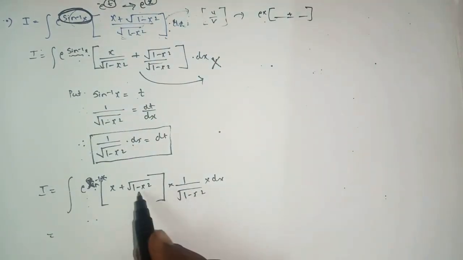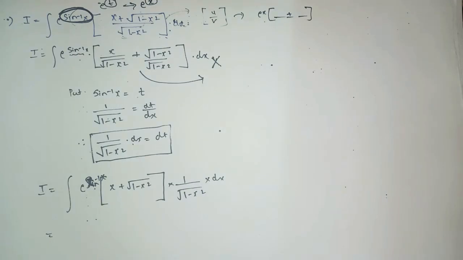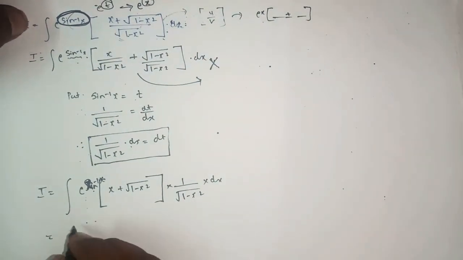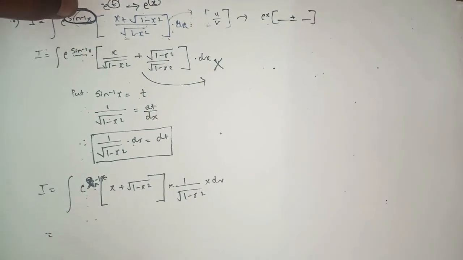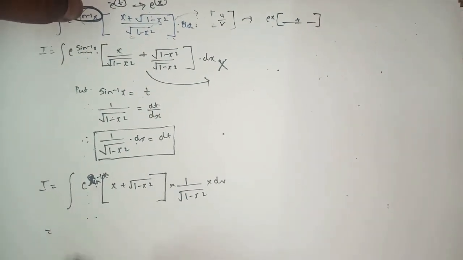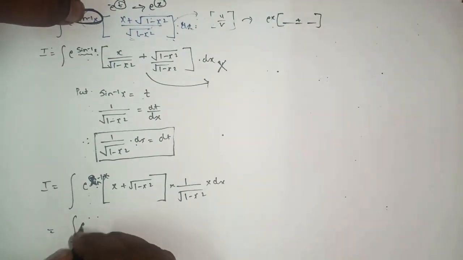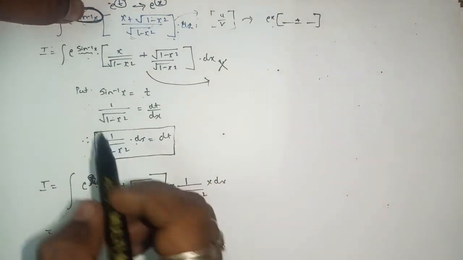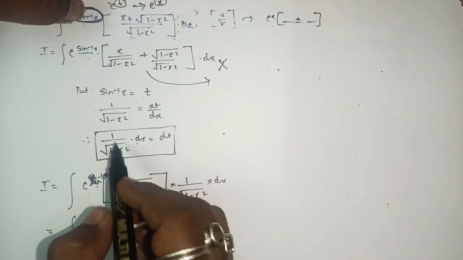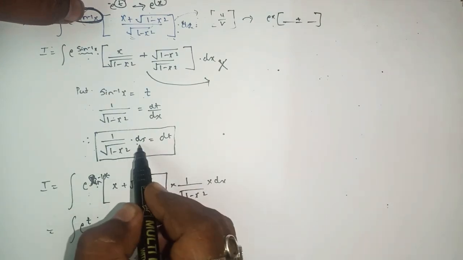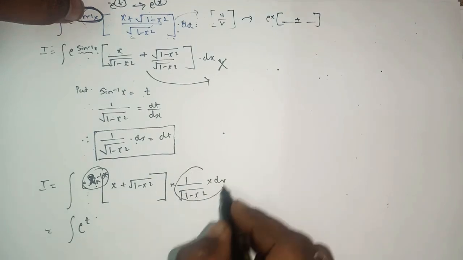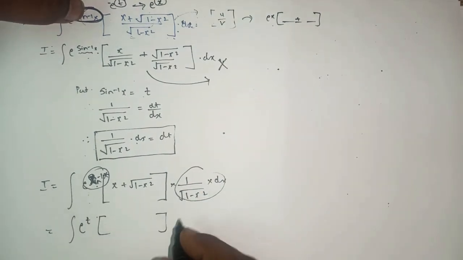So when you multiply this part, you will get this same step, yes or no? So why did I do this step? Just to explain this step properly. So if you replace the sine inverse by t, and 1 upon root 1 minus x square into dx will be dt. So this will be t, and this part will be dt.